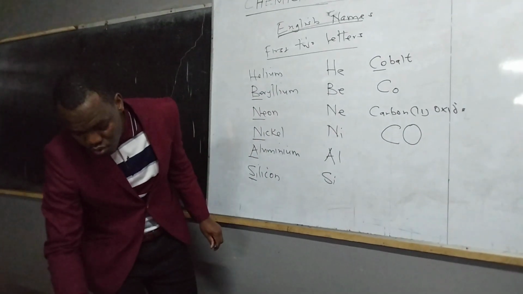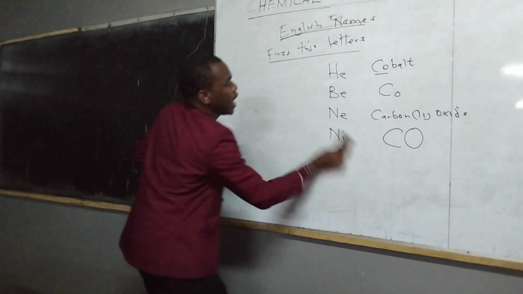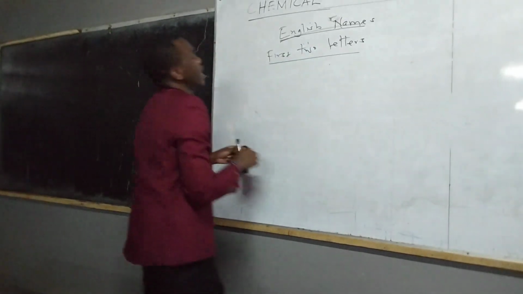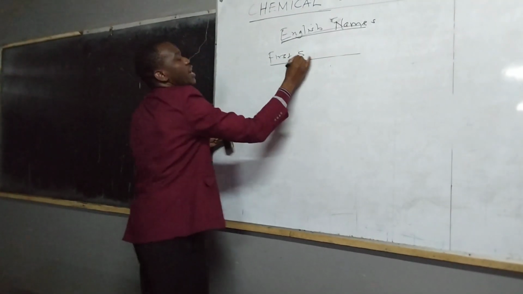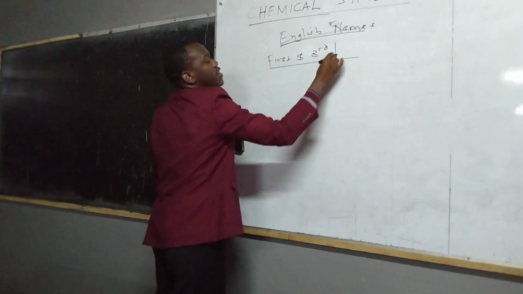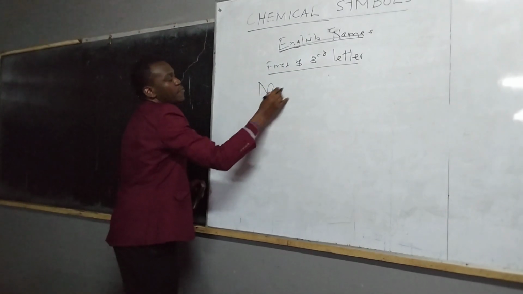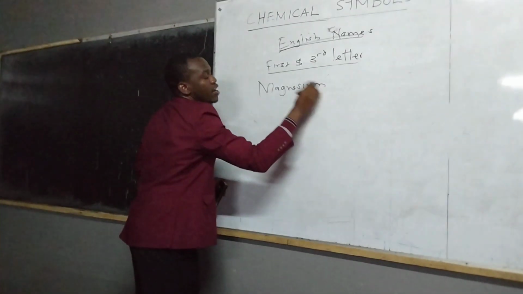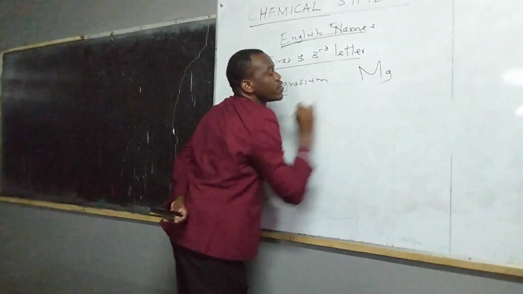Now I want to go to where you extract the first and the third letter of an English name. For example, you have magnesium. Magnesium, you take M and G, so it will have Mg.